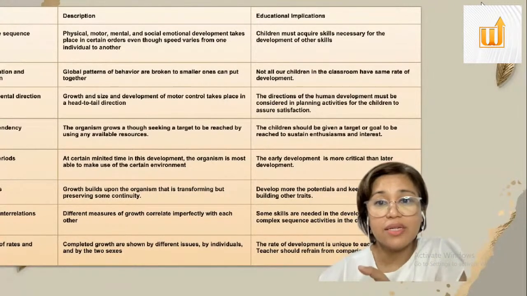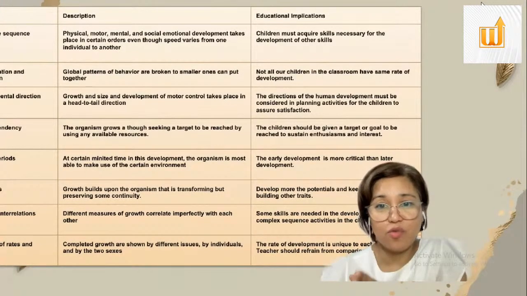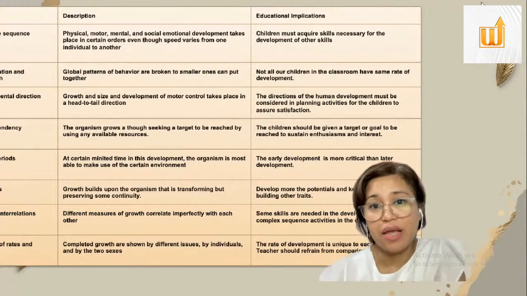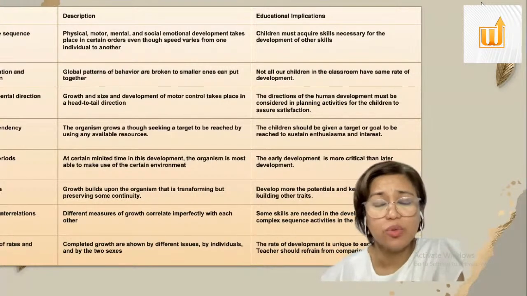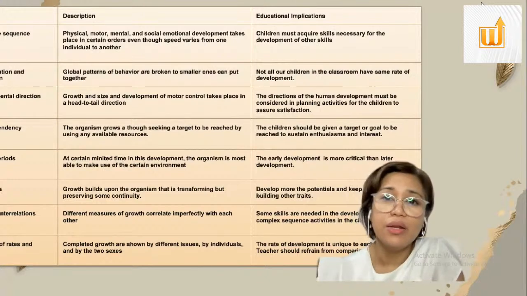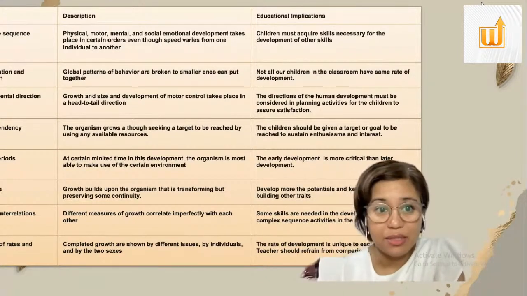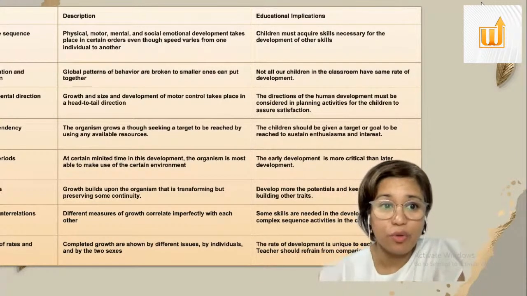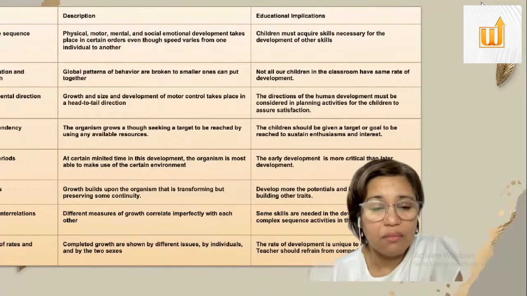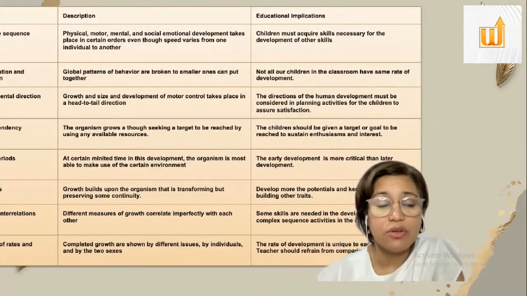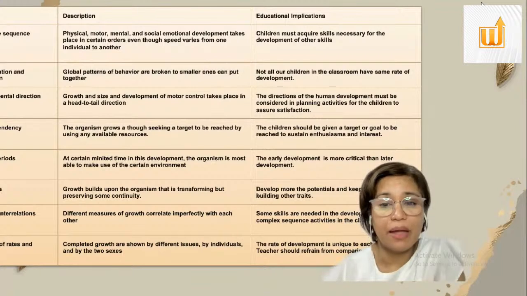And so the child in the school must acquire skills necessary to develop other skills as well. So that's what we're going to do in the school in order to help them maximize their growth and development sequences.